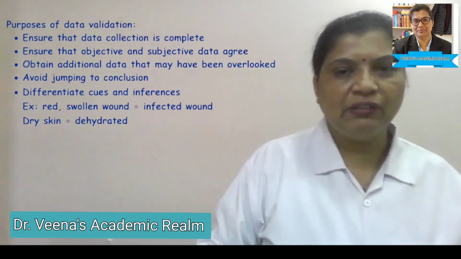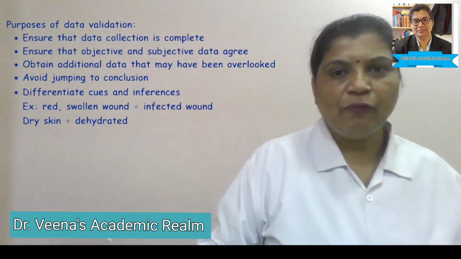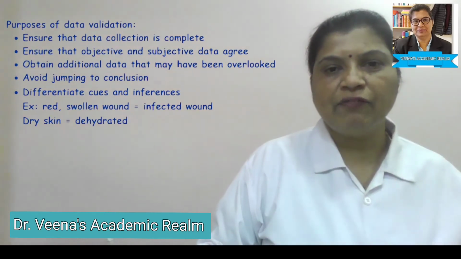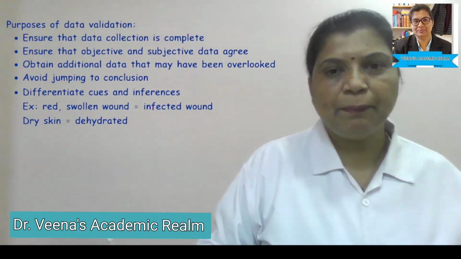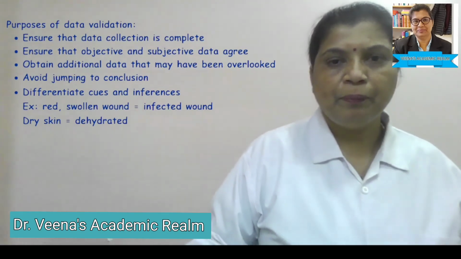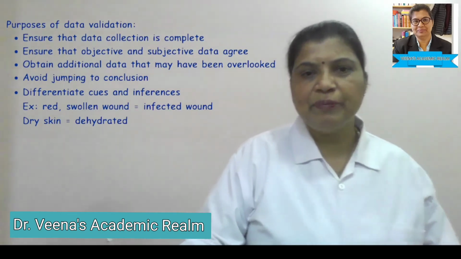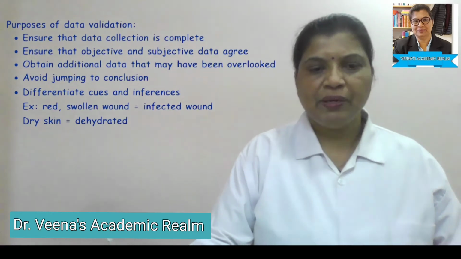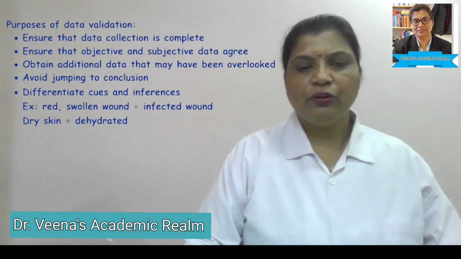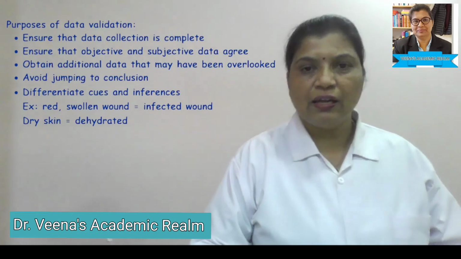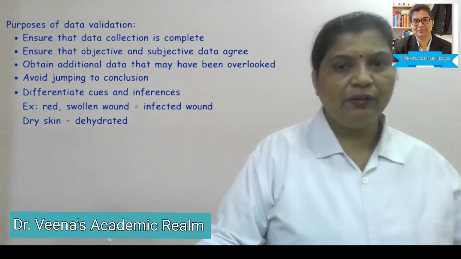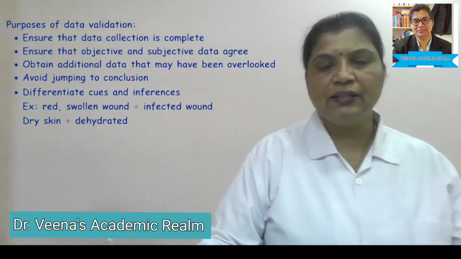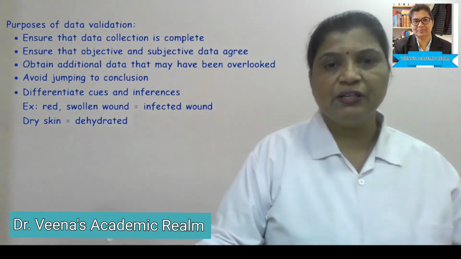So we need to do the data collection stepwise, so that we do not skip or miss out any information of the patient. Then next is to differentiate cues and inferences. We need to differentiate the data, like this is physical data, this is mental-related data, this is financial, cultural.